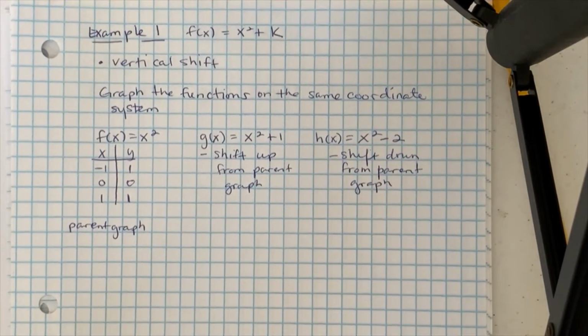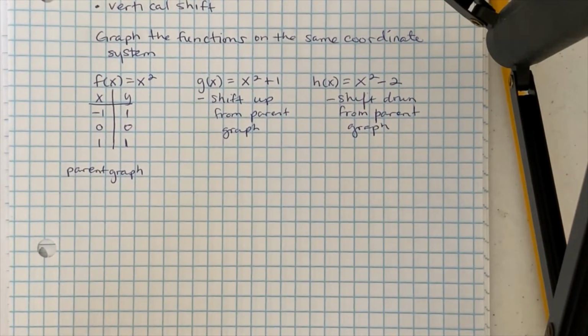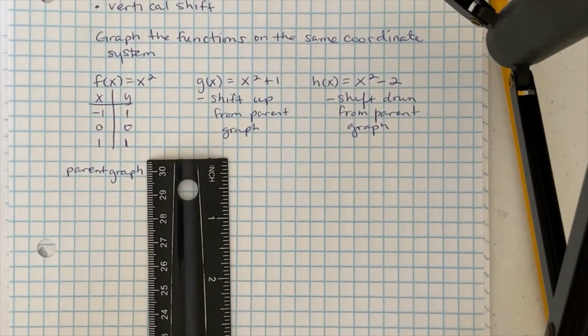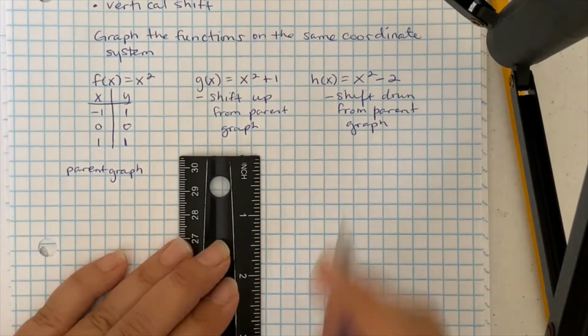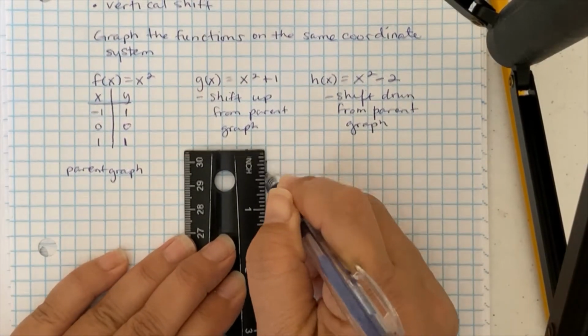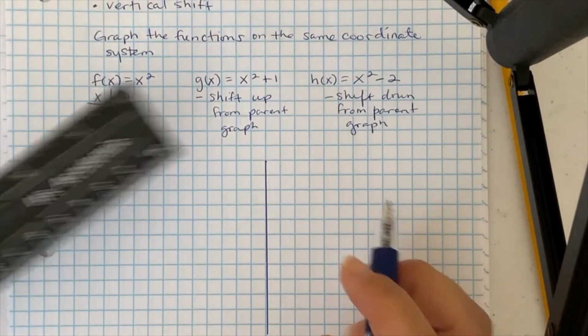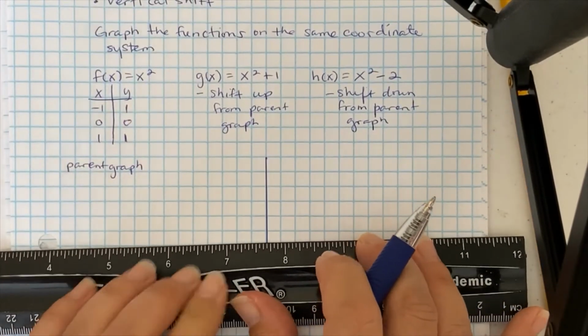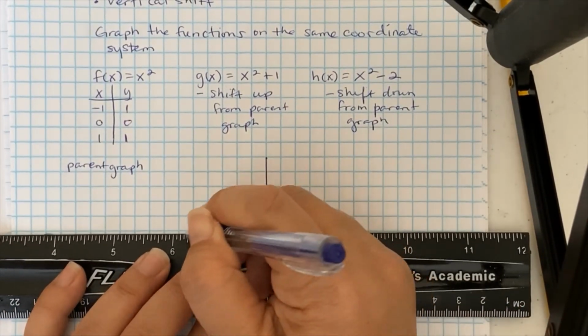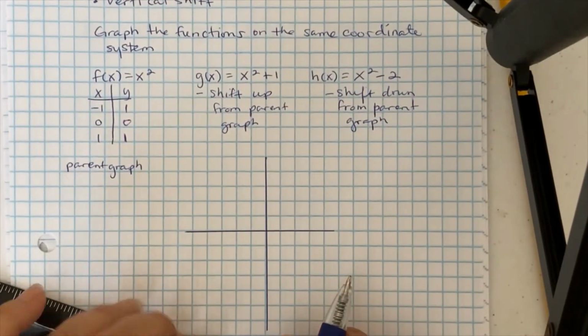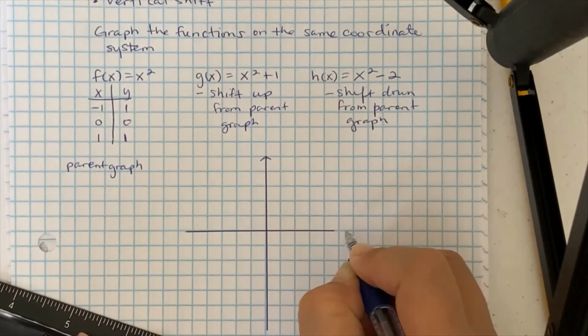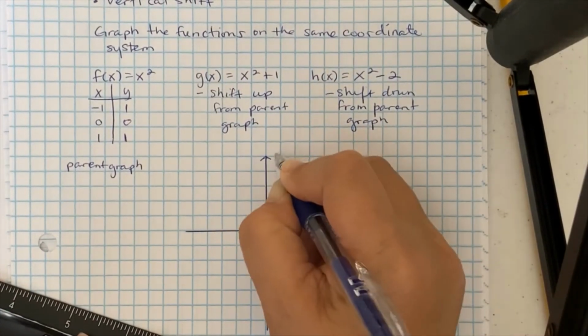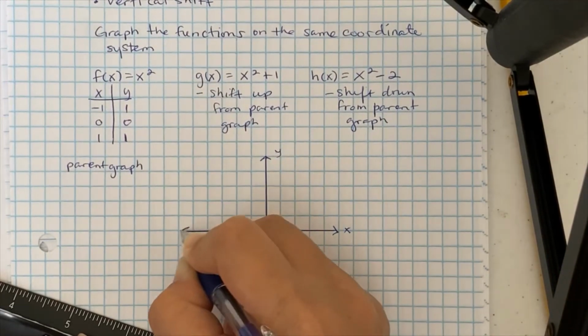So what I'm going to do is I'm going to take a ruler and I'm going to do a coordinate grid here since I'm using graph paper. Label your axes. This is our x, here's our y. I'm going to start with the parent graph.